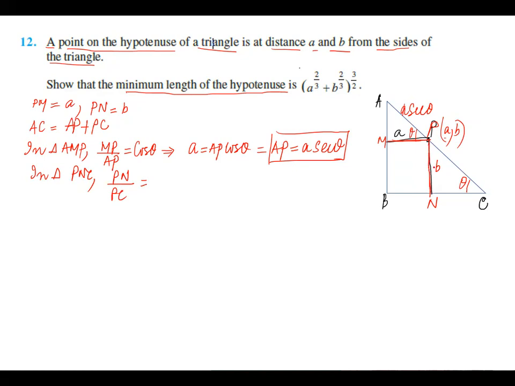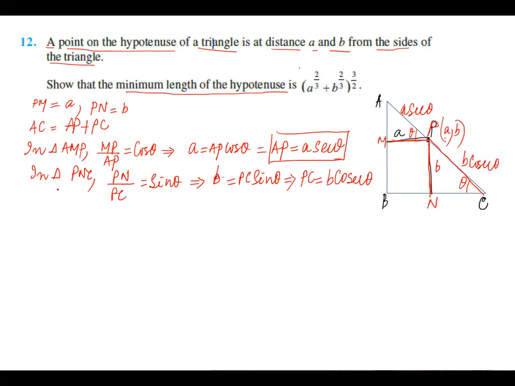PN is b, so b by PC is equal to sine theta, or b is equal to PC into sine theta, or from this you can separate PC is equal to b cosec theta.